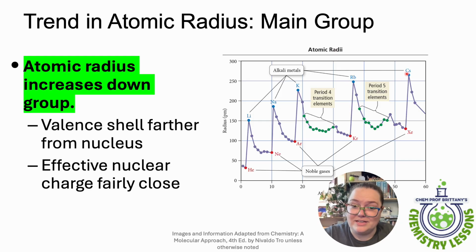And the reason for this is we are adding a principal energy level, which means that our valence shell is further from the nucleus. So the effective nuclear charge is fairly close, right? We're canceling out all but one of the nuclear charge, but we're further away because I'm adding, think about it like an onion, a layer of the onion and a layer of the onion and a layer of the onion every time I go down a row.